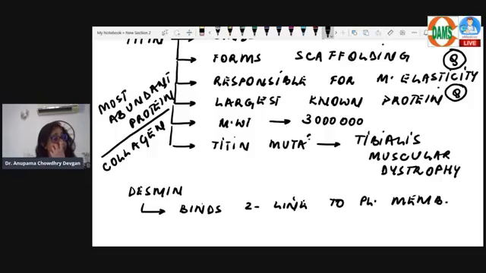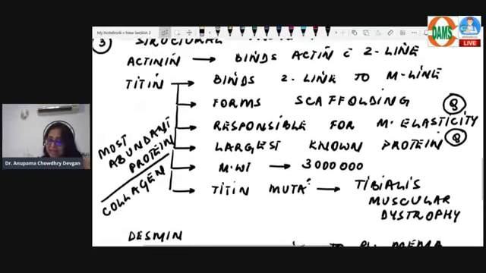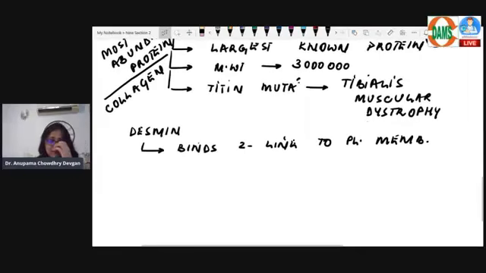So you've got 3 types of structural proteins: actinin, which binds the actin to the Z line; titin, which binds the Z line to the M line and forms a scaffolding, which is structural support; and desmin, which binds the Z line to the plasma membrane. Titin mutation in cardiac muscle is one of the reasons for dilated cardiomyopathy. Yes, that is also true. In skeletal muscles, it causes tibialis muscular dystrophy.